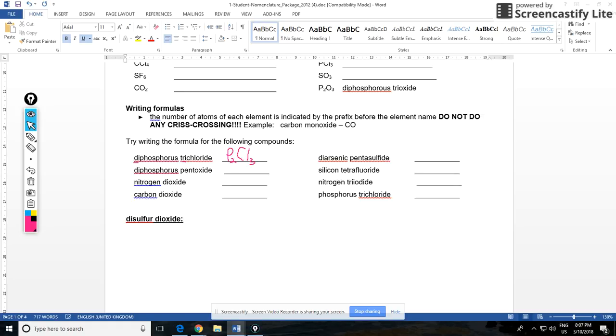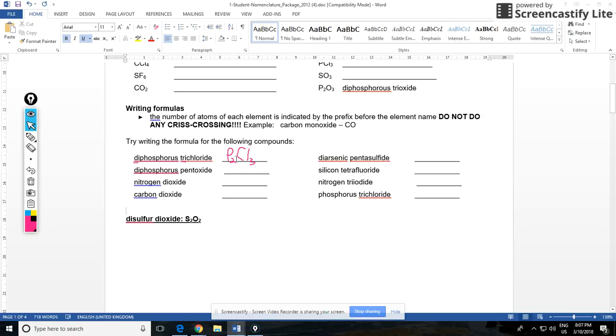If you had disulfur dioxide, you have S and you have O. You have two S's and two O's. That's based on the prefix. Now, if this was an ionic compound, you would reduce. You divide by 2 and you get SO. But when you have covalent compounds, you do not reduce. You write it as you see it. So we'd leave it as S2O2.